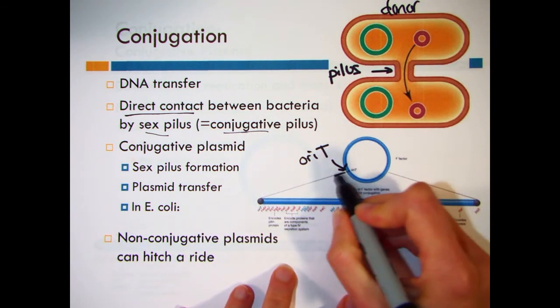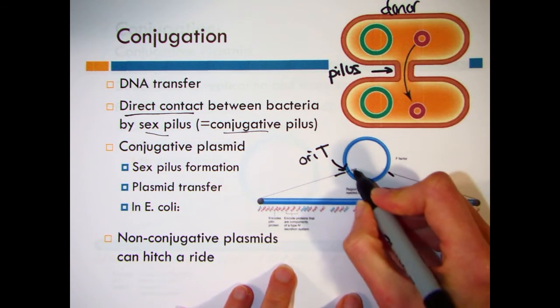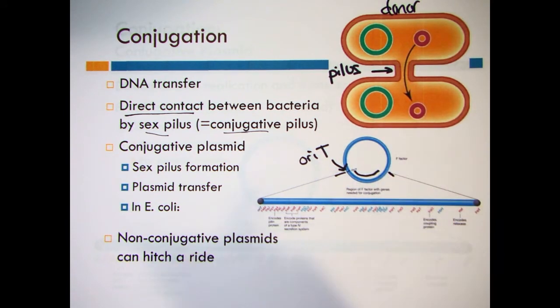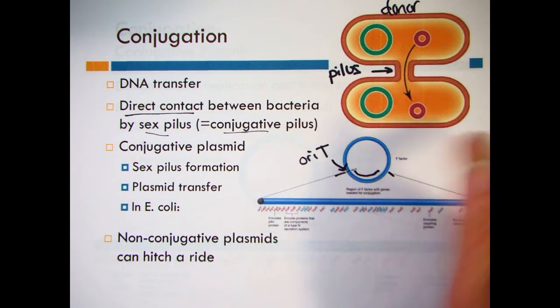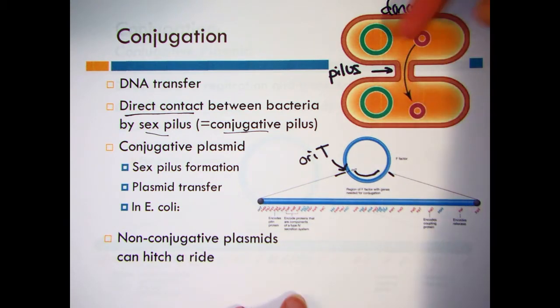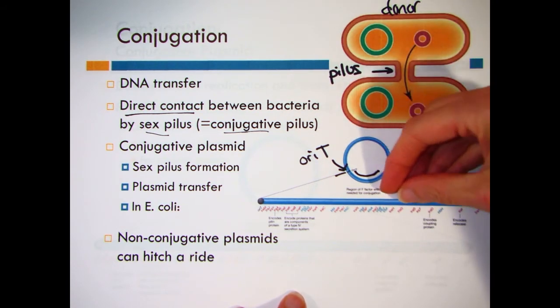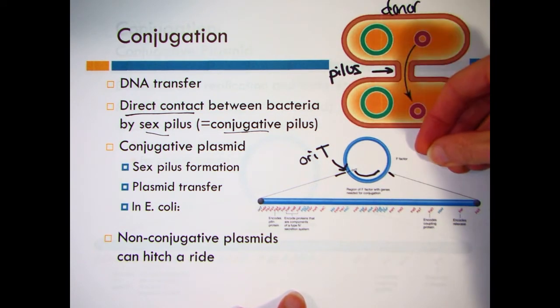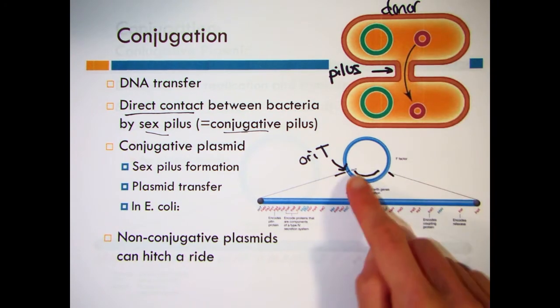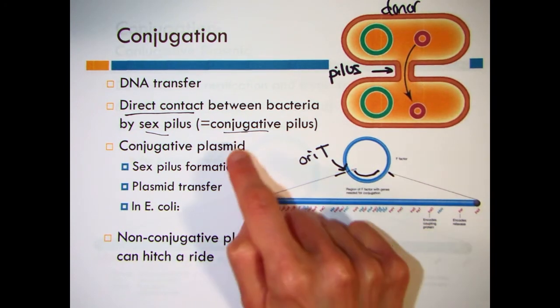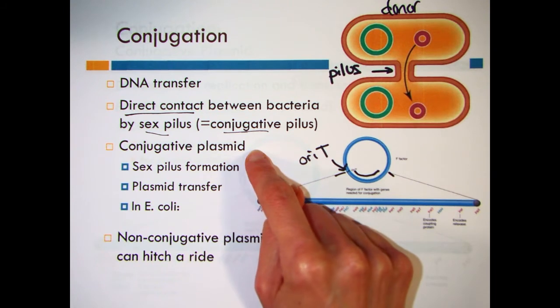In between this line and this line, all of this piece of the plasmid, those are all genes to make the sex pilus and move the plasmid over. So the directions to generate this conjugative pilus that will shoot over, grab another recipient cell, and then allow for the plasmid to be moved, the genes that make that happen are on the plasmid.